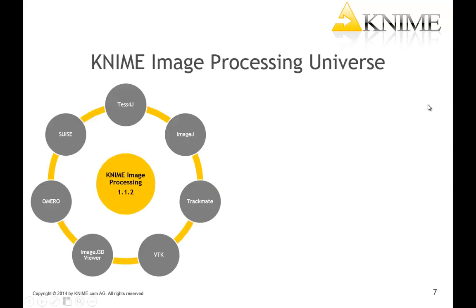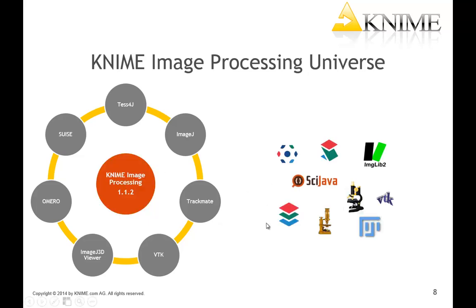Now we come to the KNIME Image Processing universe. So, of course, we have our KNIME Image Processing Core plugin, which you see here, which is in version 1.1.2. And there we have a lot of nodes and a lot of functionality for image processing. And all these nodes you will see later in the live demo of Martin. What I want to show you here is the libraries we use to develop our KNIME Image Processing framework.